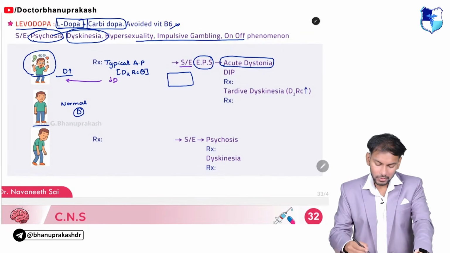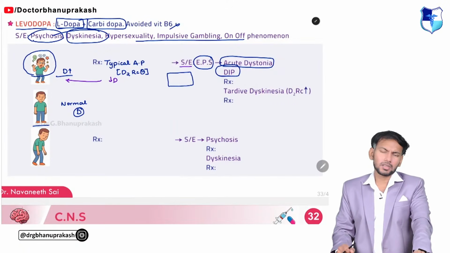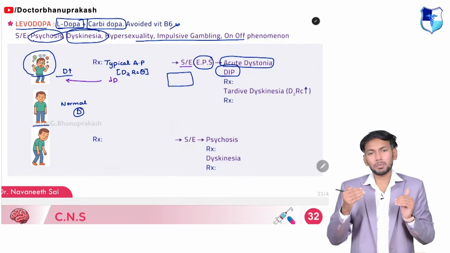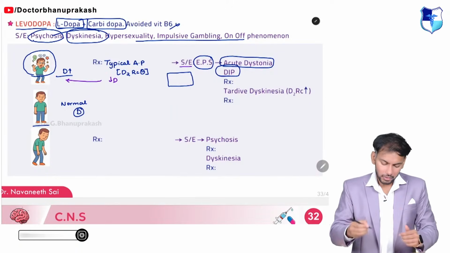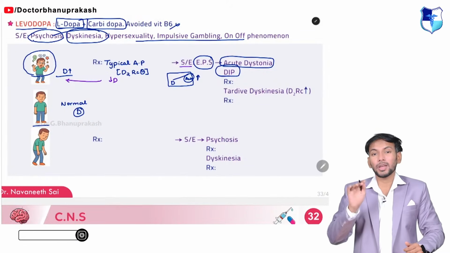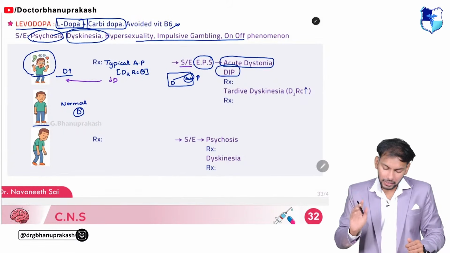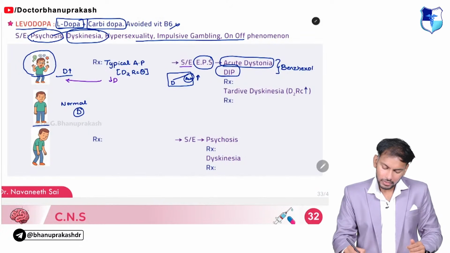So, it will also cause drug-induced Parkinson's. Now, in both of these, what is the problem? Acetylcholine looks higher in quantity. Dopamine will decrease, but acetylcholine is staying the same. So, if you see the balance, acetylcholine looks higher. So, what can you do? You can block the muscarinic receptors. That is why you use benzhexol in both of these cases.